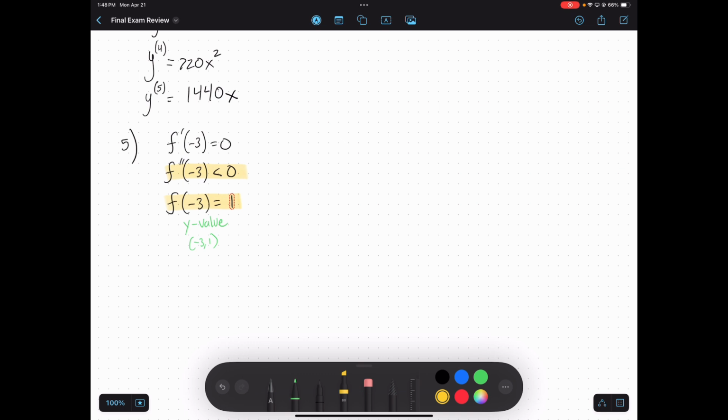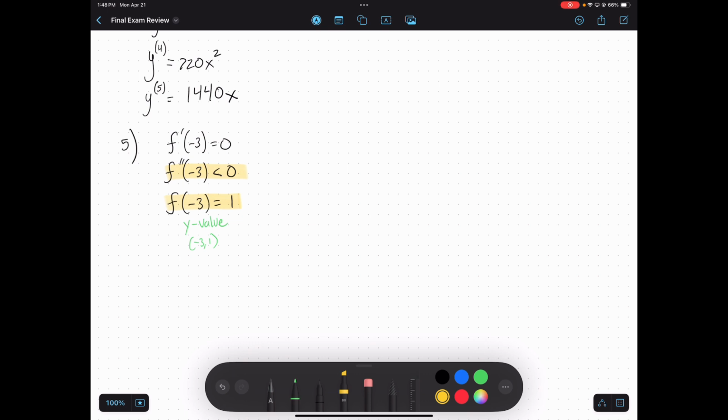Okay, now, what about this one? What does that tell me? In terms of speed, it would be acceleration. Yeah, it's acceleration. If I'm thinking about it in terms of position and speed, it's acceleration. It's the second derivative.